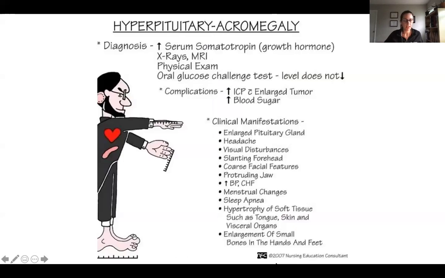So I included in this PowerPoint some of these little pictures. Like I said, I'm a very visual learner, so that helps me remember all of the differences between these. And I think for your clinical, some of you are doing the patho-based concept maps, and that will really help too.